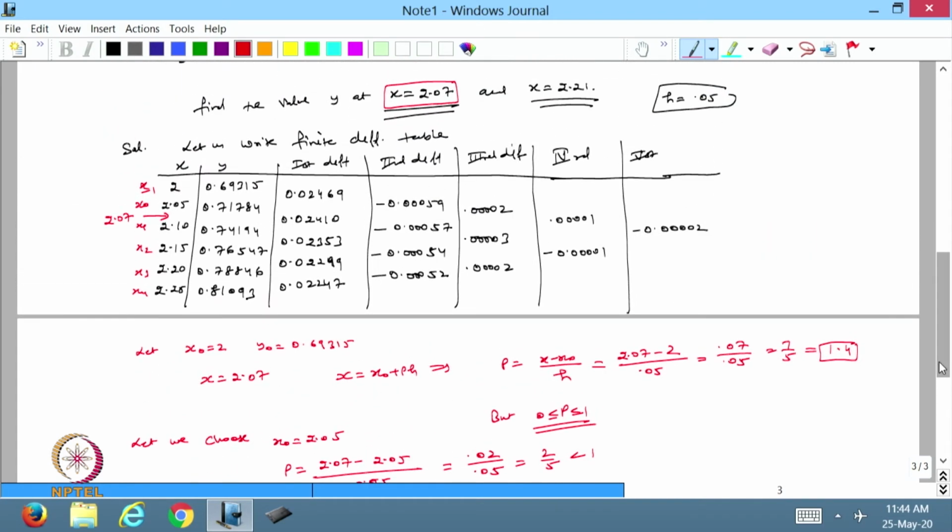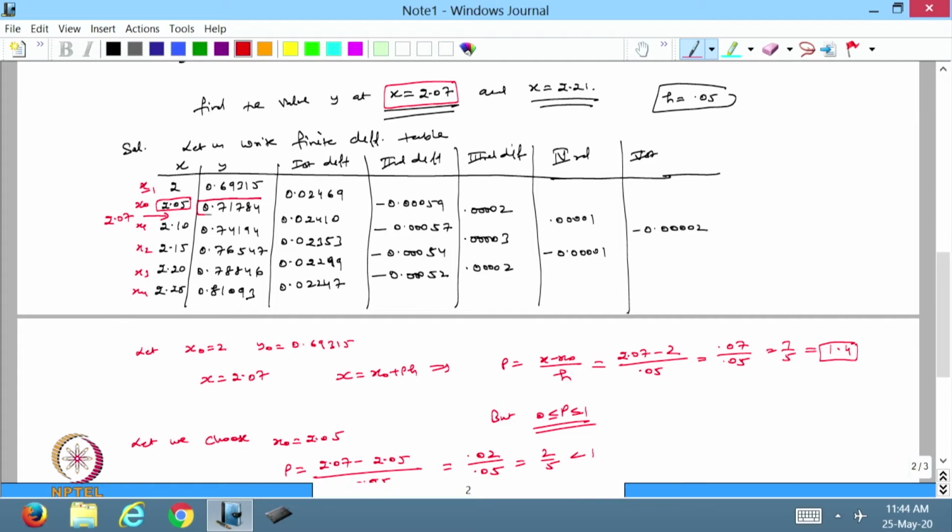So, for that, this is the value I am going to use, the x naught and this is the y naught, and then I will use this value, then this value, and this value. So, in this case I will be able to use only 1, 2, 3, 4, 5 values. If I choose x naught is equal to 2, then I was going to use 6 values, but now I have to use only 5 values. So, let us do this one.